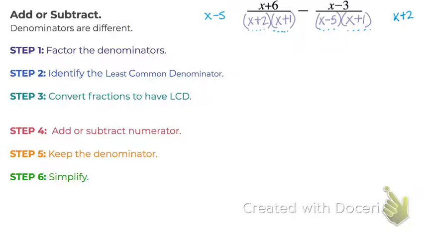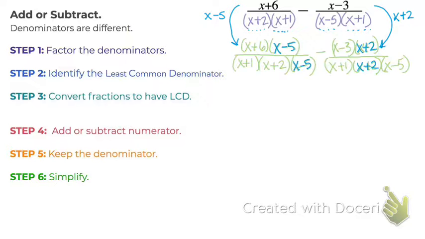So to do that, we're going to multiply both the top and bottom, the numerator and the denominator, by x minus 5, and multiply over here by x plus 2. So now if we look at the bottom of each of these fractions, the denominator, we see that it's the same. That is called the least common denominator.